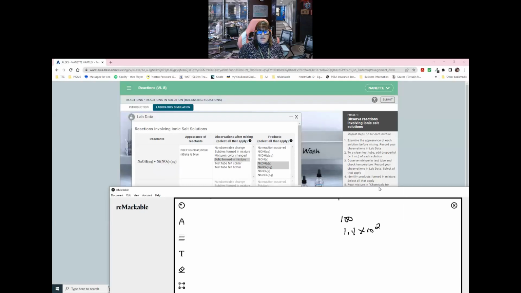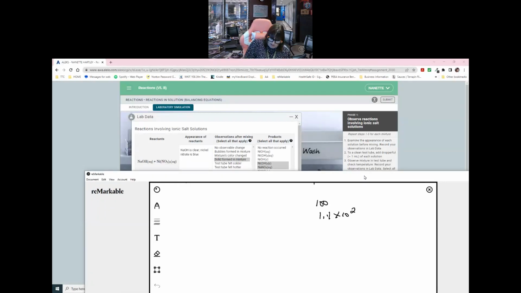Again, I have NaOH aqueous being added to Ni(NO3)2, and that's aqueous. Okay, I know that I'm going to do a double displacement. And so I'm going to end up with an Na with NO3. Now, Na is a +1, NO3 is a -1. So that looks like NaNO3.